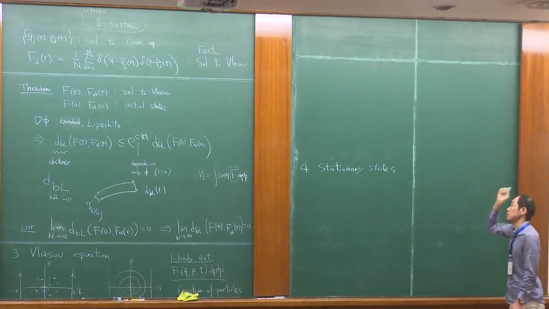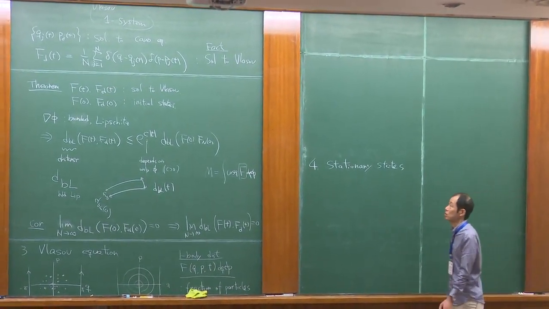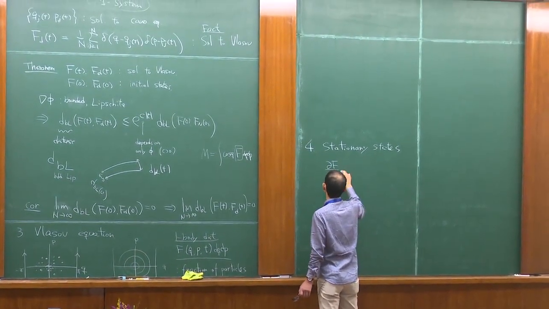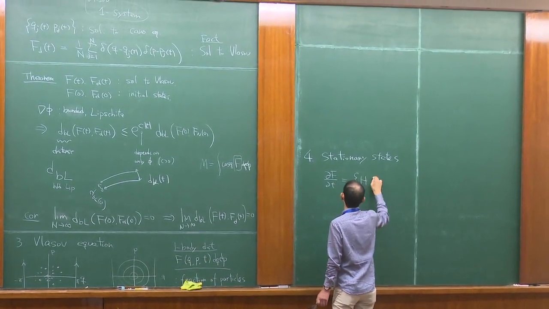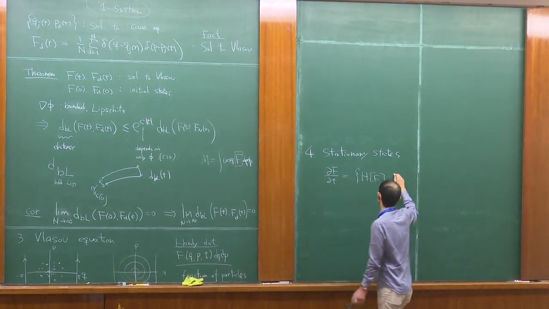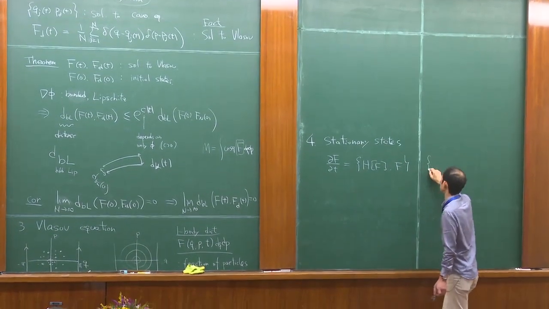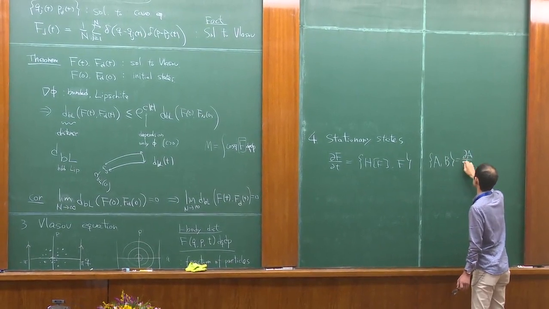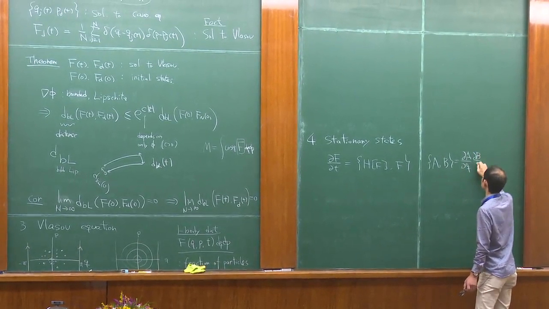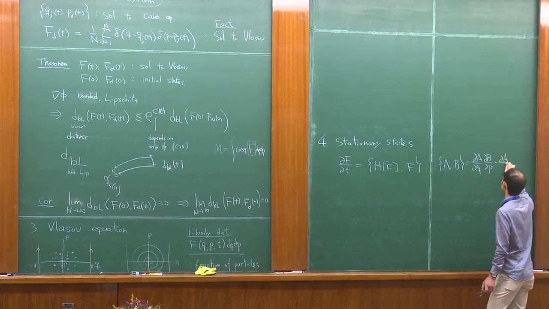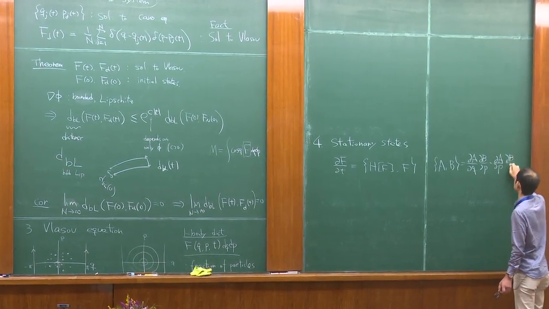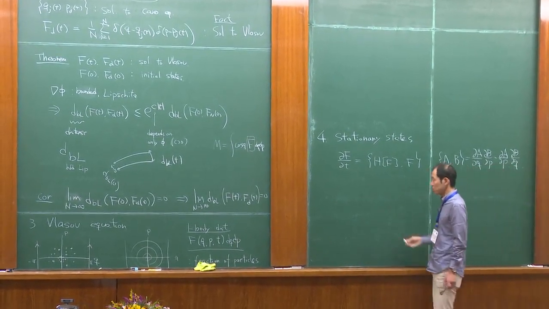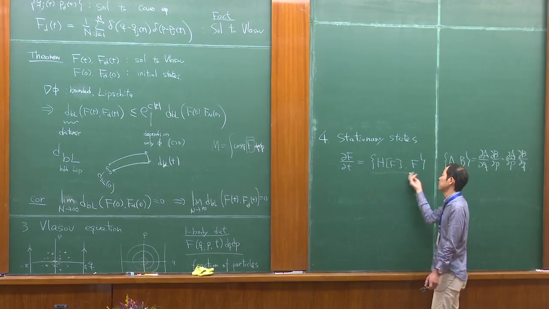So what is the condition for the stationary state? The Vlasov equation is written using the Poisson bracket. So the Poisson bracket of A and B is this. So the condition for the stationary state is that this part is 0.